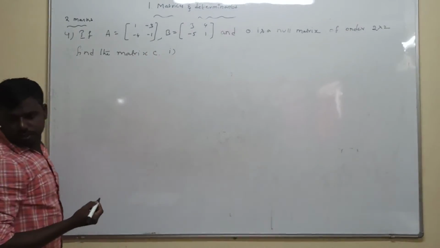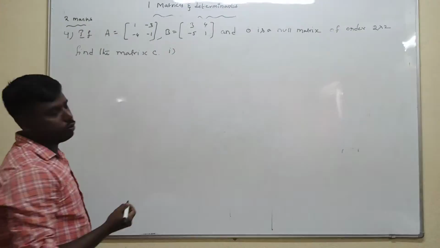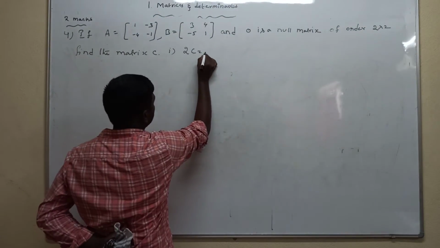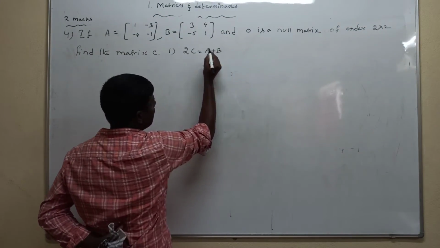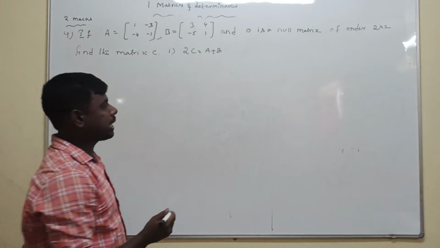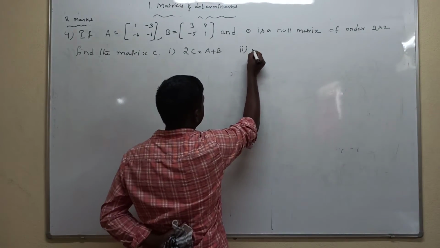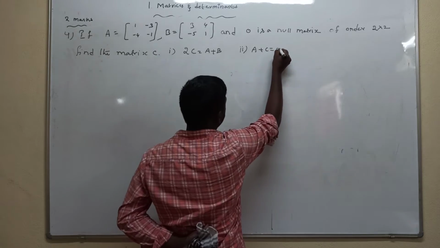The first question is 2C is equal to A plus B. The second one is A plus C is equal to 0.